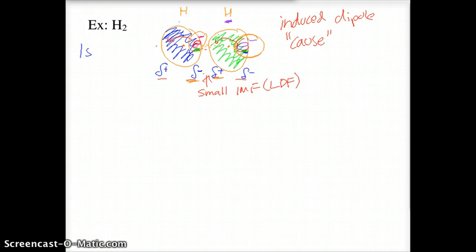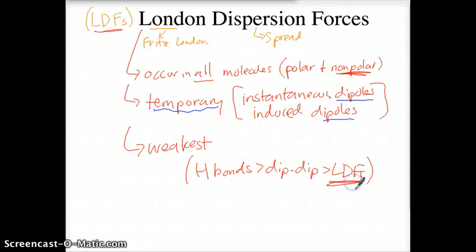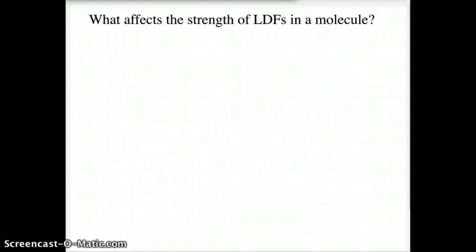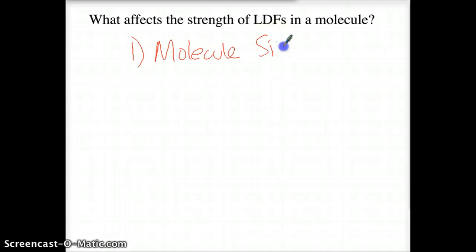But there are some things that can affect the strength of these. Some molecules have stronger London dispersion forces than others, and that's based on 2 main properties. So what are the 2 things that affect London dispersion forces? The first one is molecule size, how big the molecule is, how big the atoms are. How big they are affects the London dispersion forces directly.